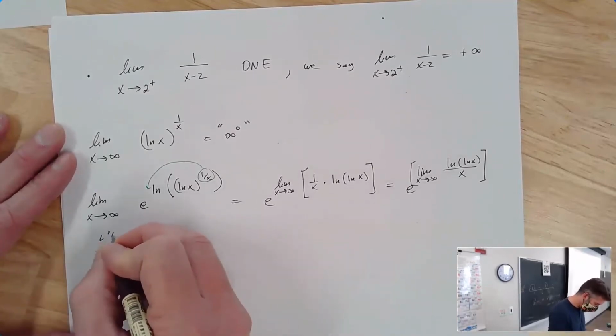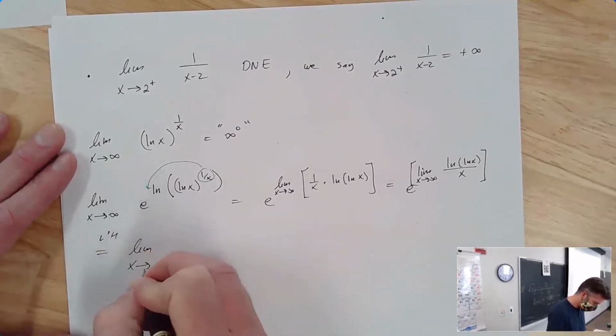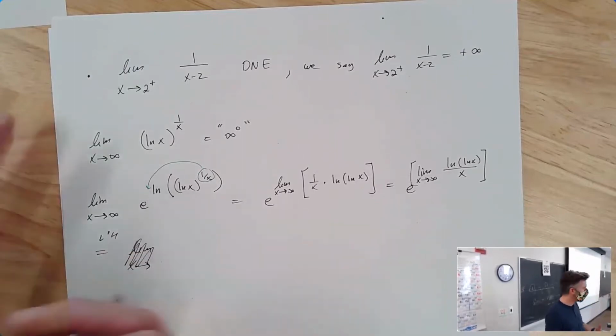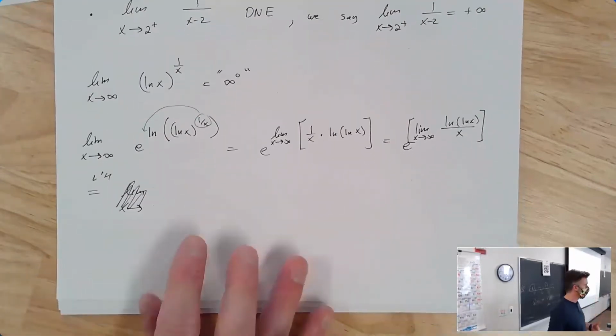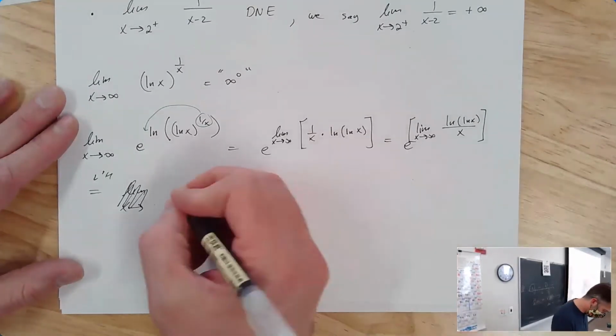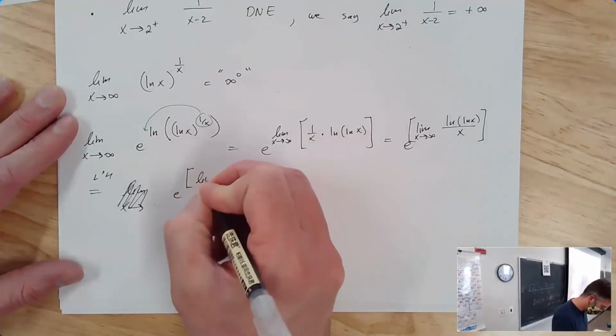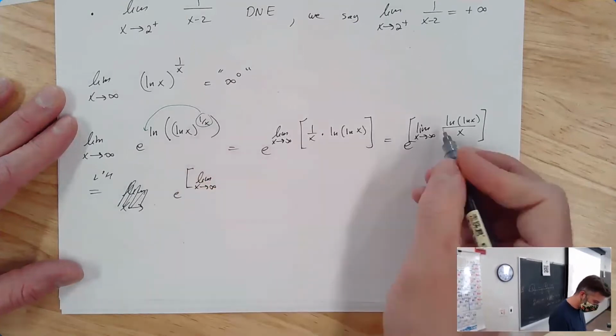Using L'Hopital's rule here, this is why I usually do it the other way, because I always want to write the limit out in front. It's been drilled into my head that if you're doing limits, you should always write the limit before you do anything else. But here I'm writing the e to the limit as x goes to infinity of.